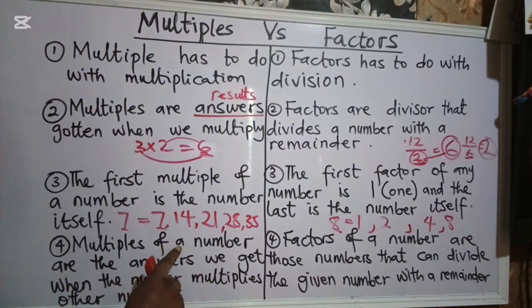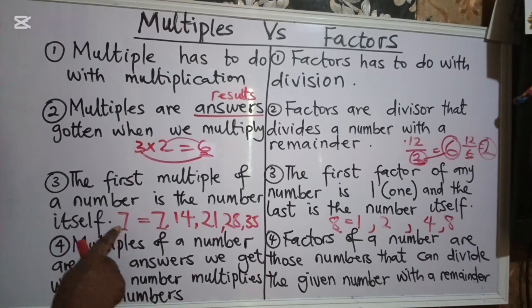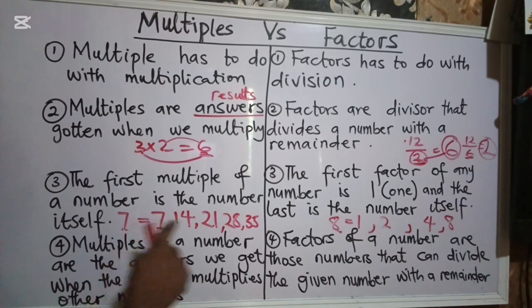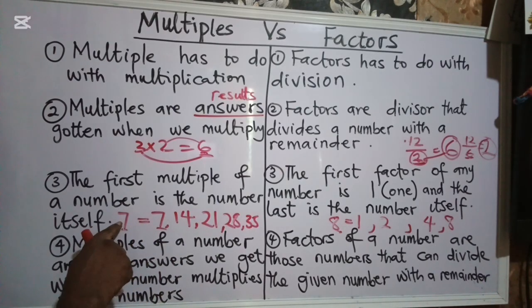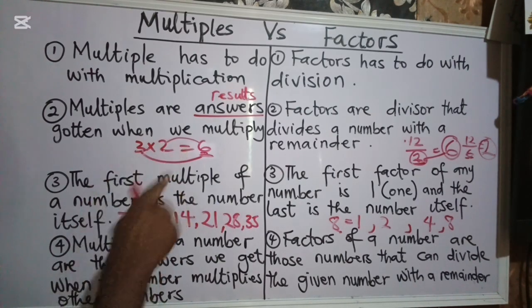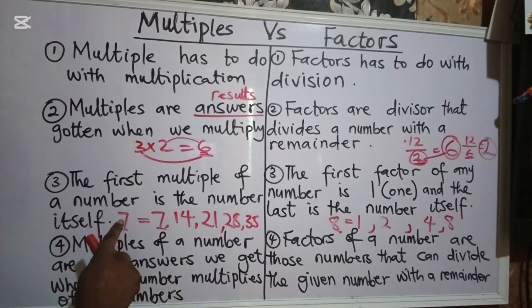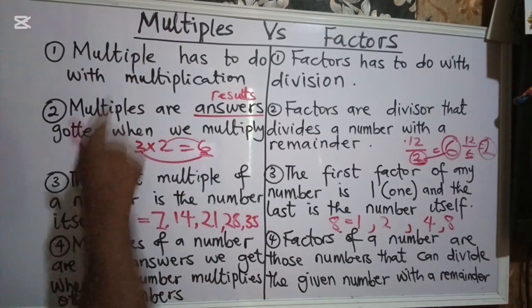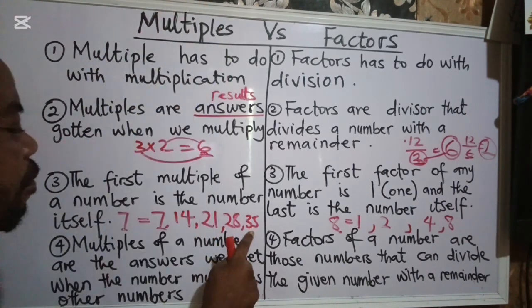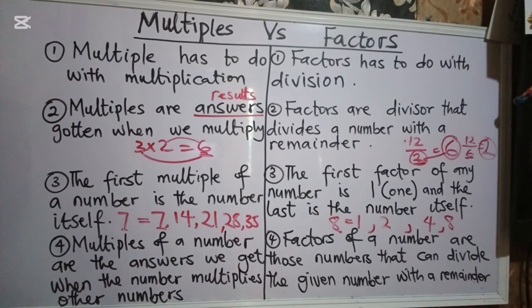Now, multiples of a number are the answers we get when the number multiplies other numbers. 7 times 1 is 7, 7 times 2 is 14, 7 times 3 is 21, 7 times 4, 7 times 5. The answers are the multiples of that number, the answers you get when you multiply that number with other numbers.